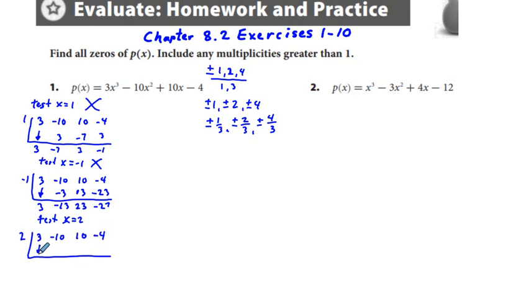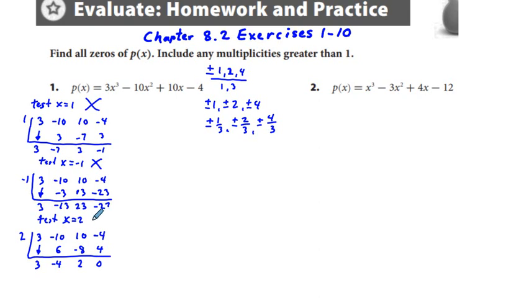So we bring down this 3. And we have 2 times 3 is 6. We have negative 4 here. 2 times negative 4 is going to be negative 8. And 10 minus 8 is going to be 2. And 2 times 2 is 4, so 0.